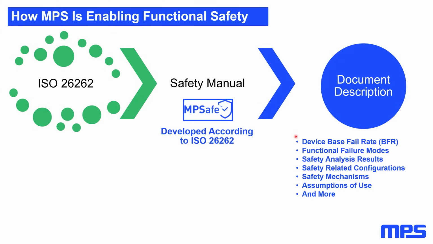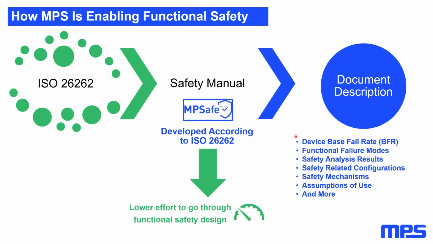All this information is accessible directly in the safety manual. All we're trying to do is reach a lower effort to go through the functional safety design and a faster time to market.